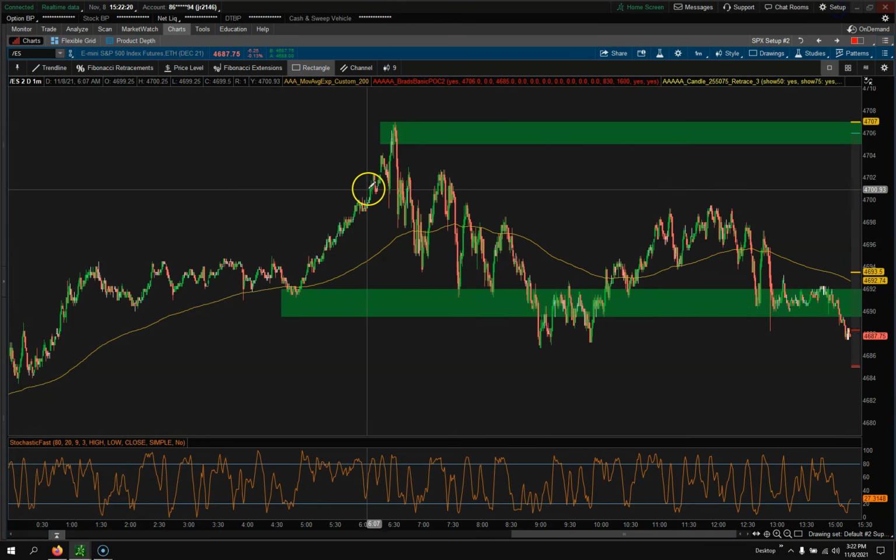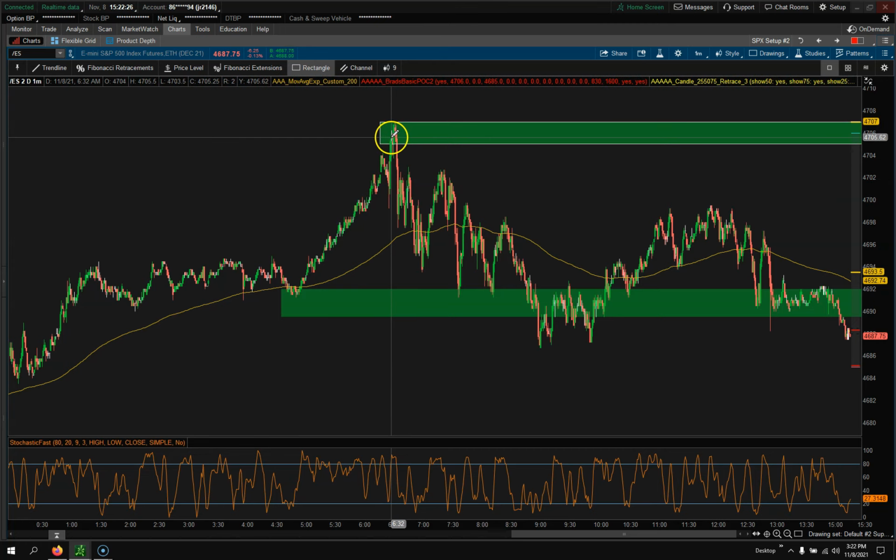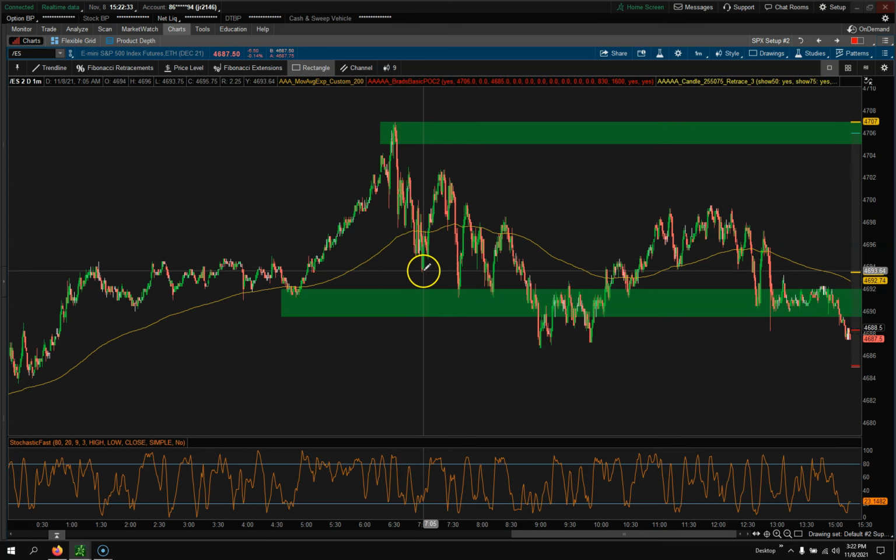So right here is where I sent out the Discord message and the market opens, and look at this, right into the trade zone and a nice reversal for over 10 points. Just from this high down to this low is 11 points. So if you took that, congratulations.